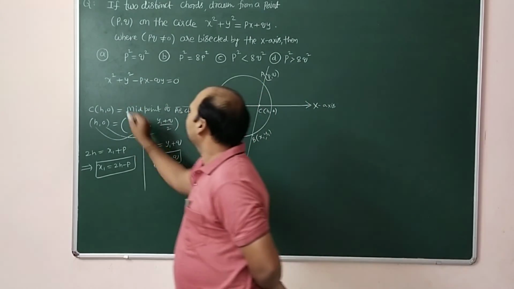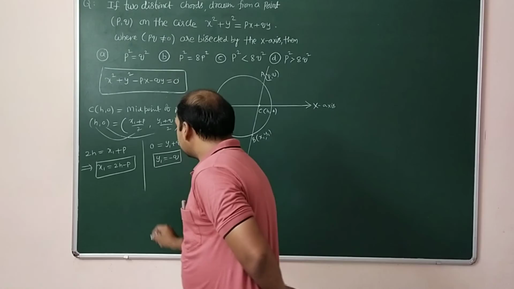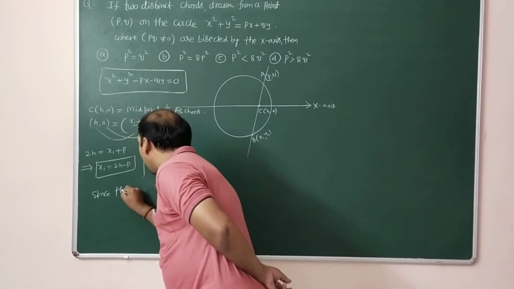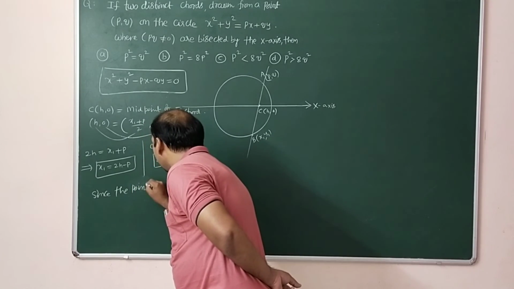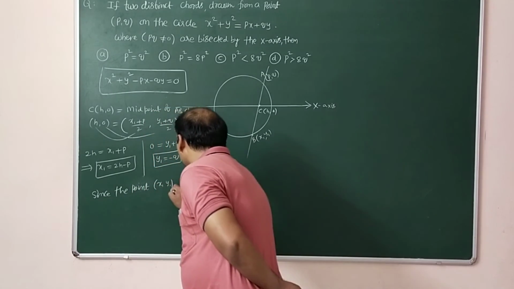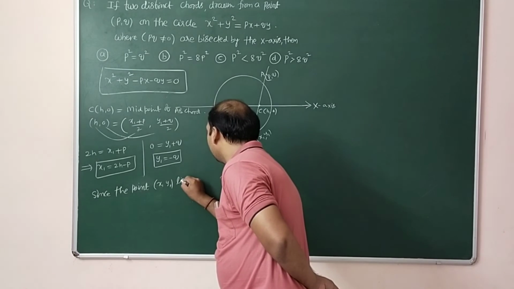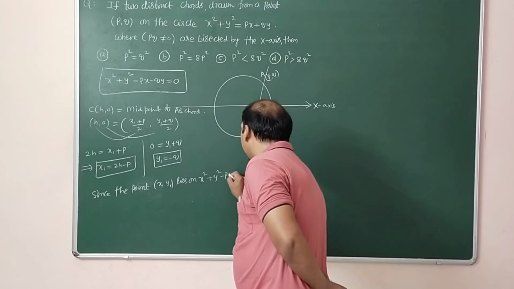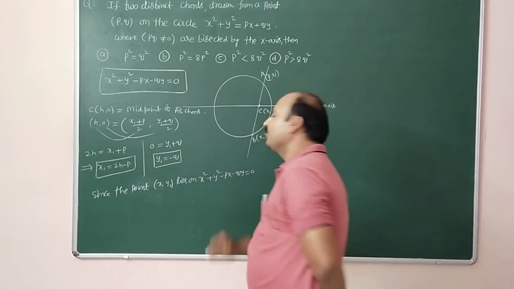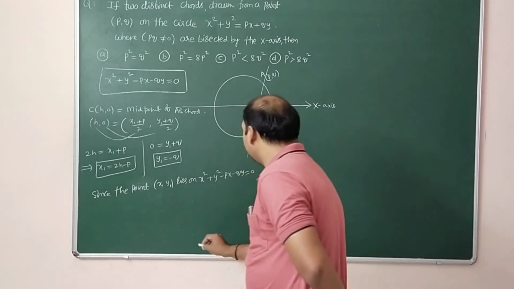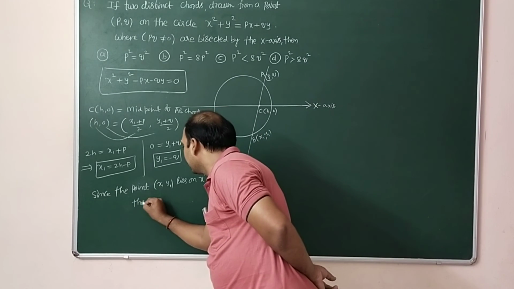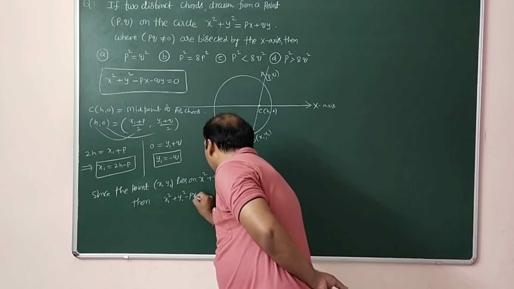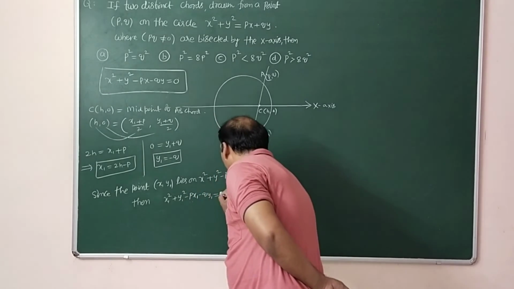Since the point (x1, y1) lies on x² + y² − px − qy = 0, then x1² + y1² − px1 − qy1 = 0.